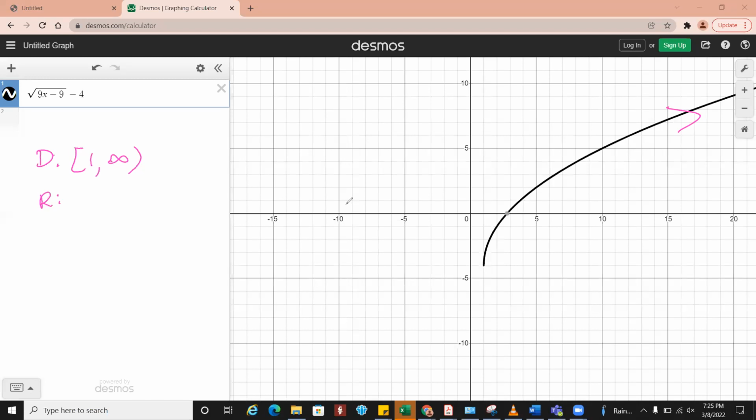My range, remember, is my lowest y value. So what's my lowest y value? Negative 4. Okay, and what's my highest y value? Positive infinity. Okay, and then if I'm sketching this graph, it's just going to look like that little line. Nothing crazy.